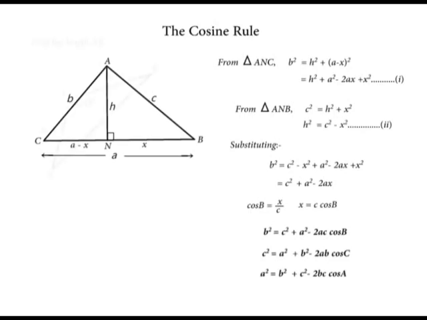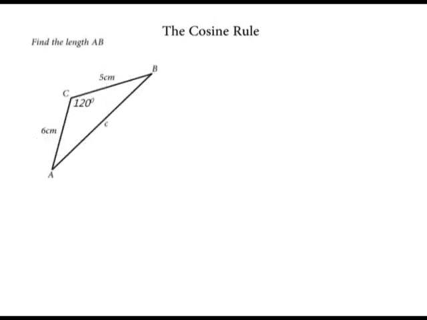Let's take an example. Find the length of AB in this triangle. Using the cosine rule, we express the unknown side in terms of the other sides. And so C squared is equal to A squared plus B squared minus 2AB cos C. That is equal to 5 squared plus 6 squared minus 2 times 5 times 6 times cos 120.